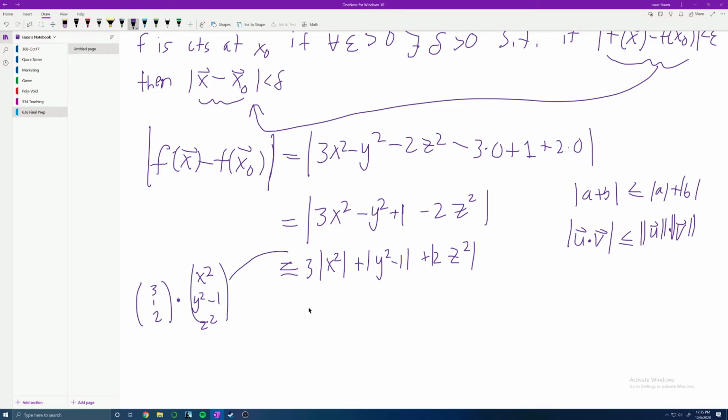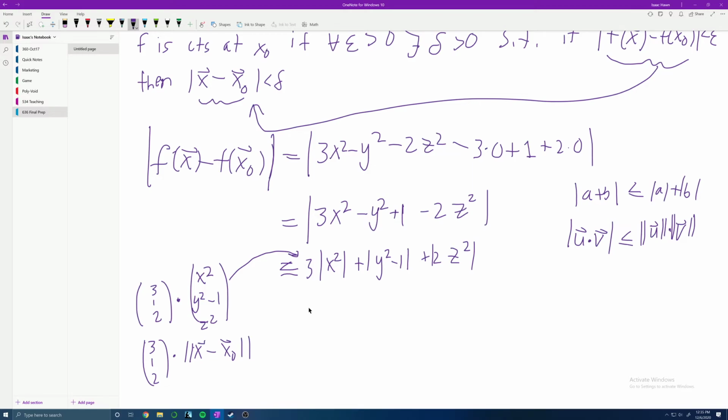That's all that this is right there. Another way to think about this is just that vector 3, 1, 2 dotted with this vector x minus x naught right there.